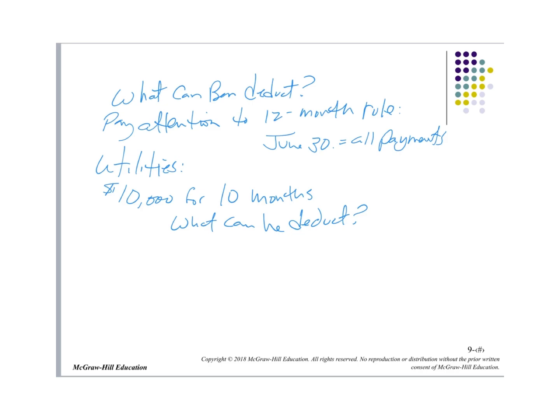Well, you have to ask yourself 2 questions. Does this go beyond 12 months? He's got 10 months of utilities that he paid for in advance. Does the benefit go beyond 12 months? No. So that's the first question.